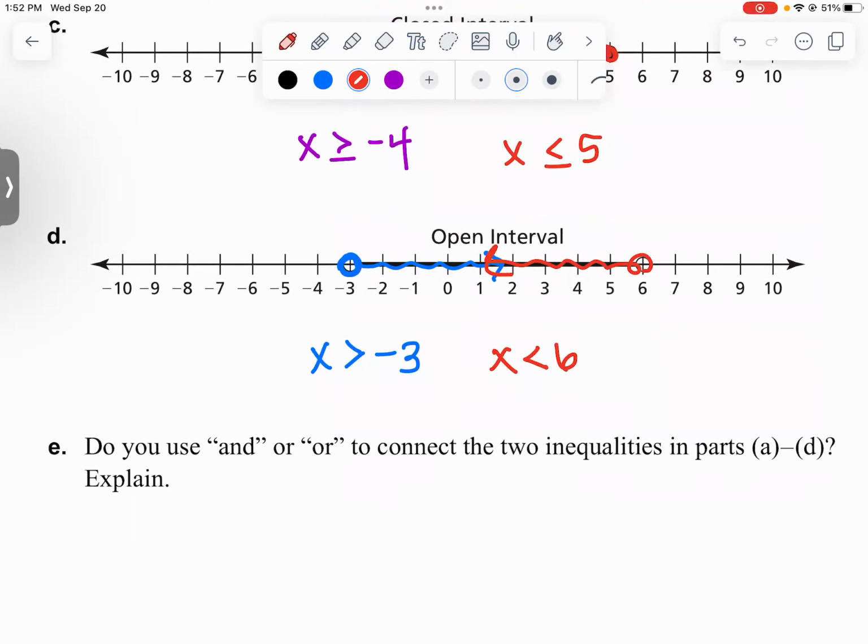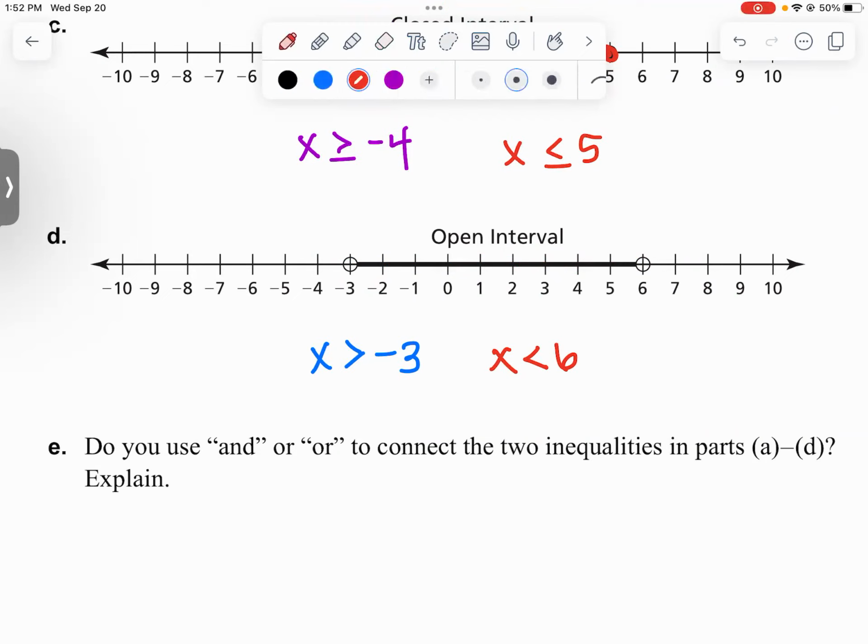Now, if I have a solution that is in the black shaded region, is it satisfying one or the other, or is it satisfying both? Both at the same time, right? So are we using an and or an or?